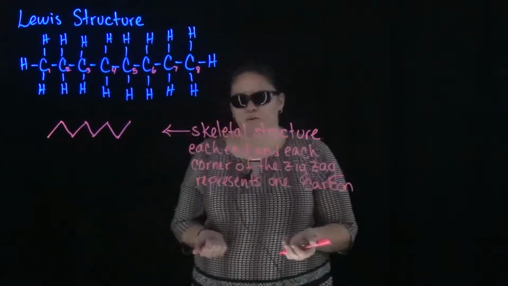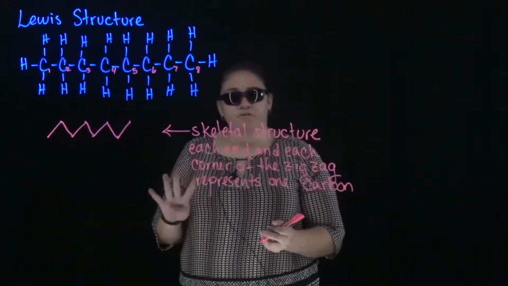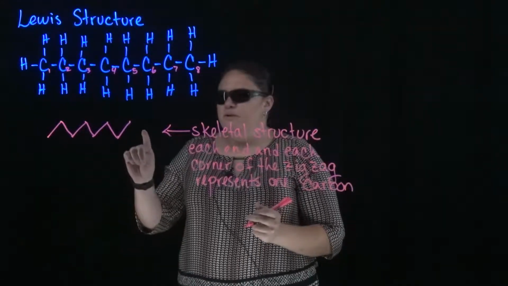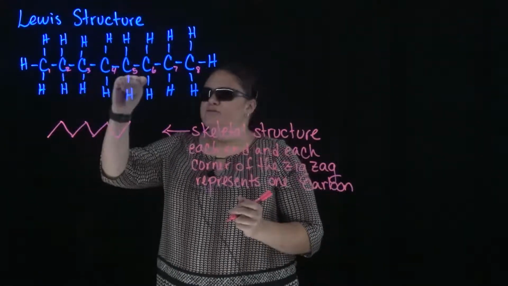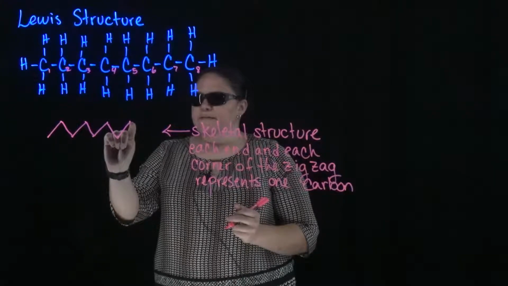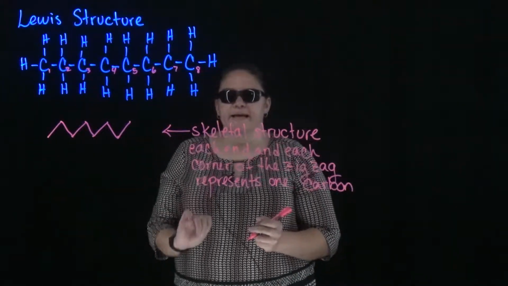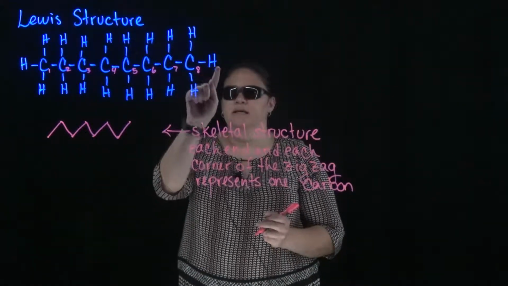And because we know that each carbon should have 4 bonds, we do not have to write all of these hydrogens. We just know that at this corner there's 1 carbon and it has 3 hydrogens, just like here.